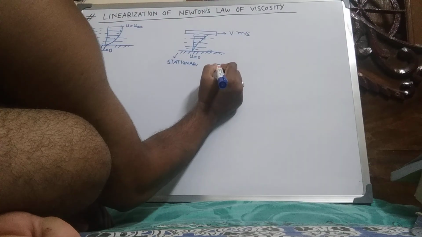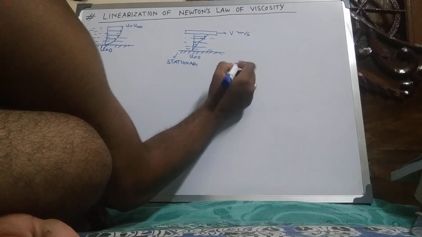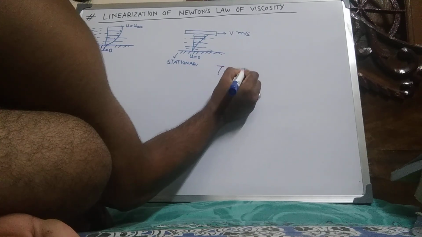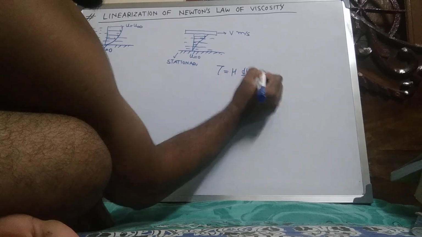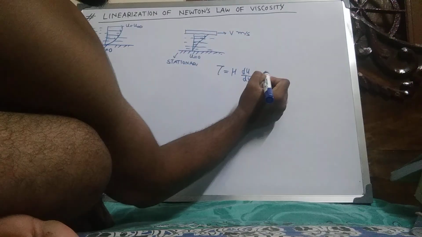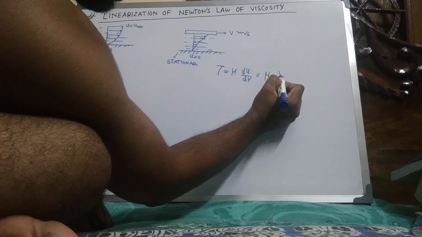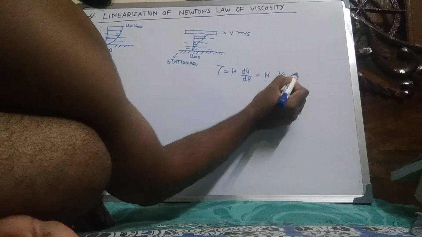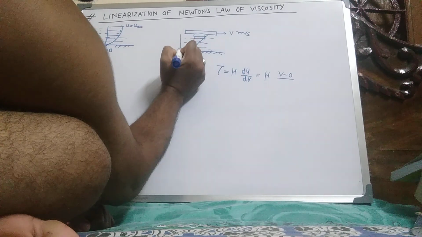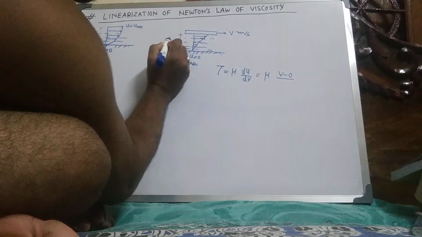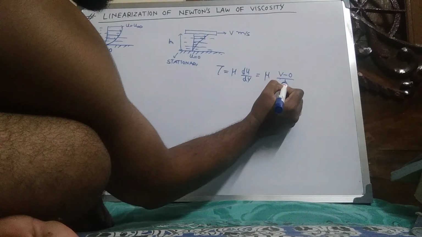In this case, the shear stress, we know, is mu du by dy. So this is the viscosity of these fluids, and this one is moving with v, and this one is 0, and these are apart by distance h. So this is h.